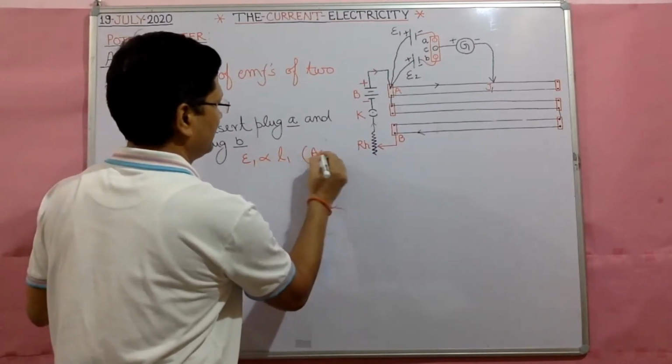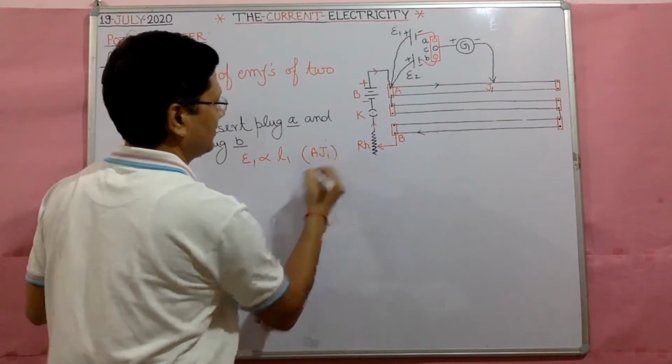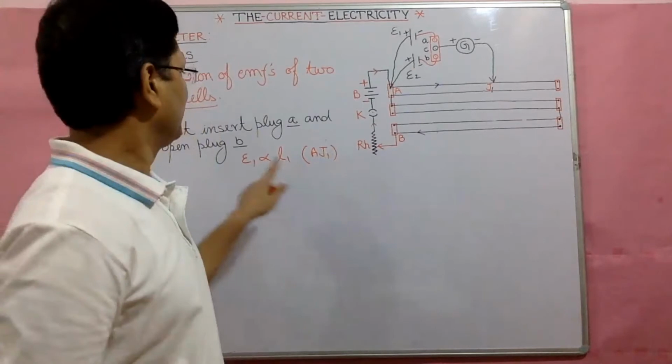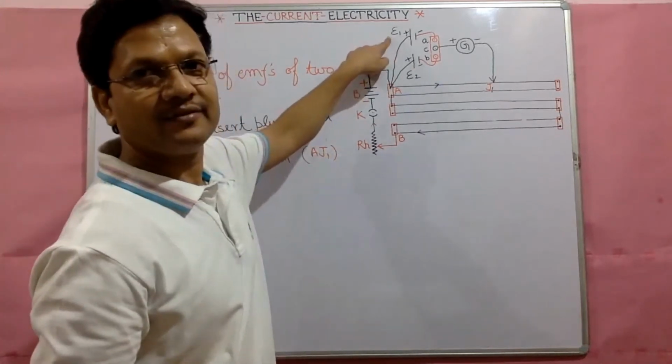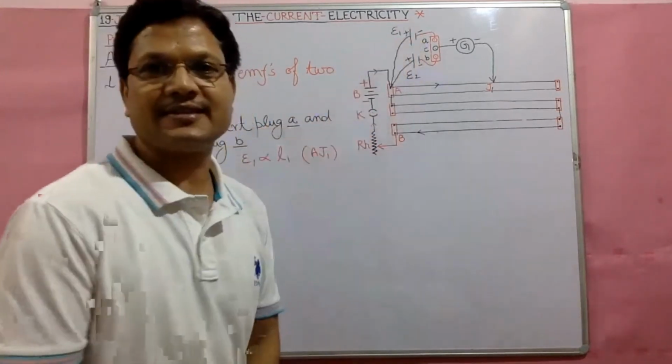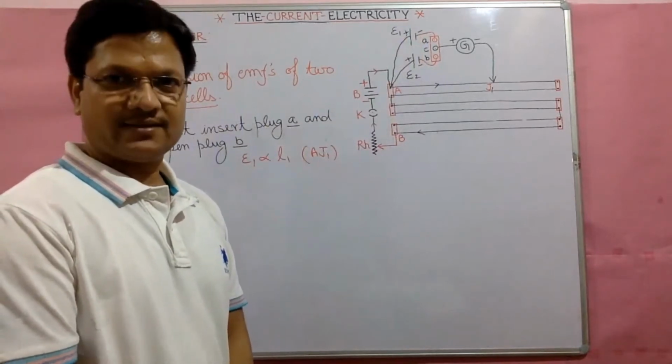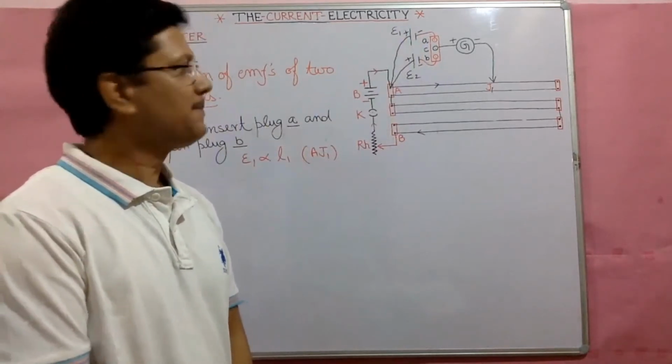This is AJ1, the potential drop, the EMF of this cell. This is very important. Once again, try to understand.